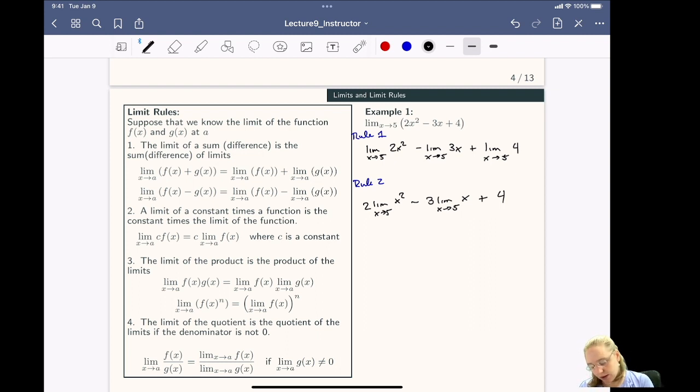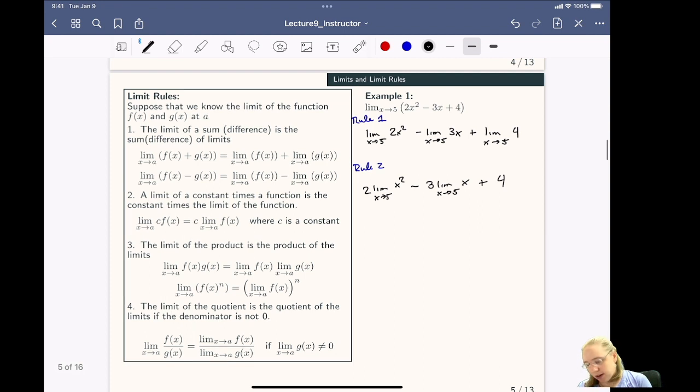All right, so next we have that the limit of a product is equal to the product of the limits, and similarly the limit of a power is equal to the limit raised to that power. So these are the same thing, it's just that this one is extended so that you have n things multiplied by itself.